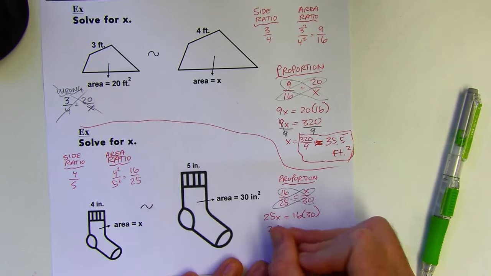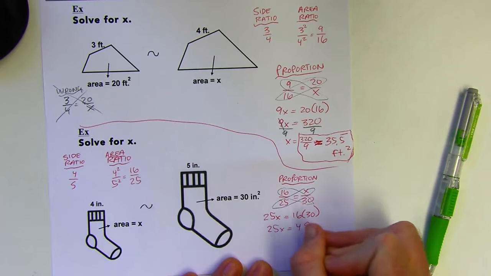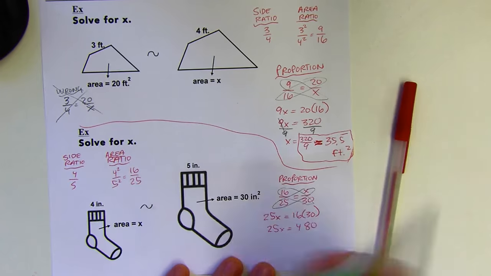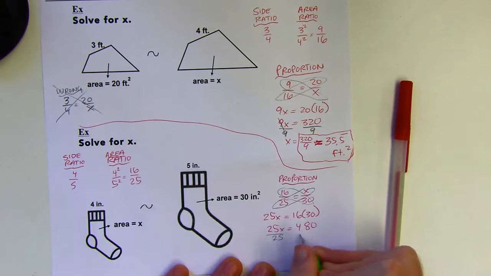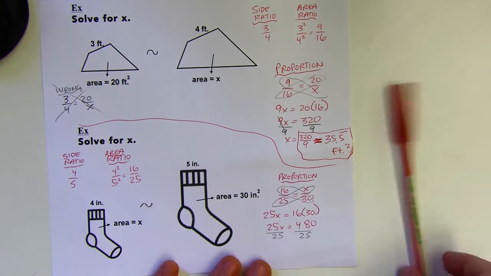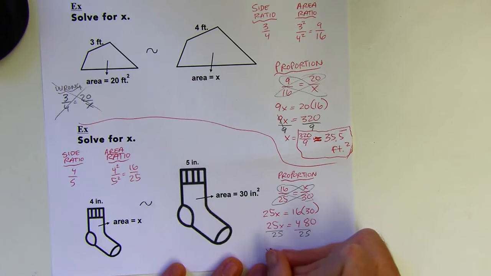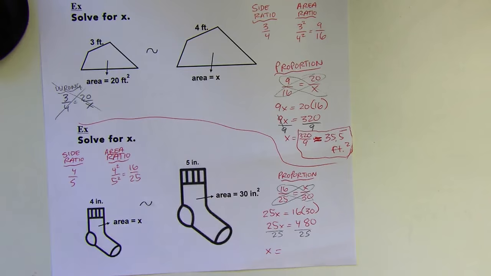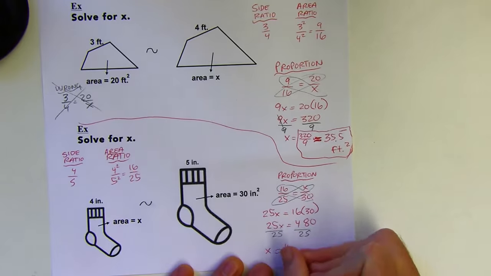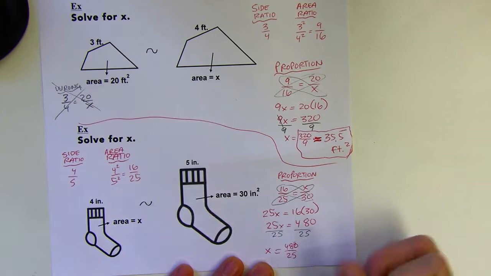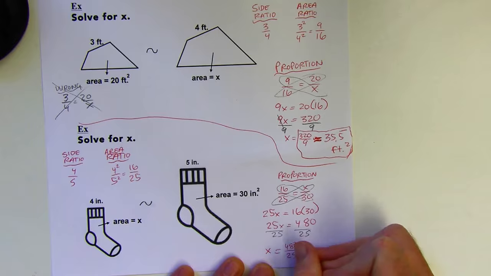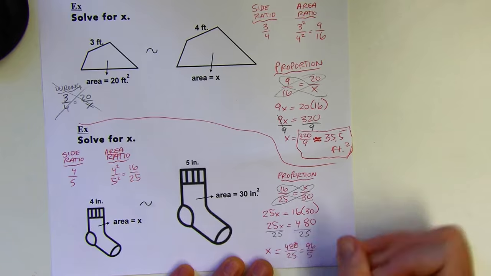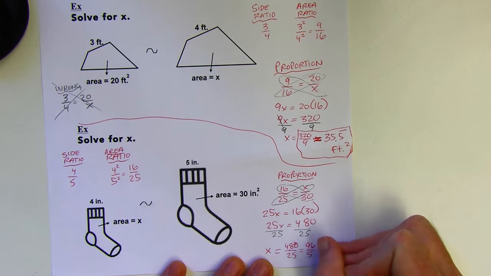So 25x is going to equal 480. And then if I divide by 25, 480 over 25, if you reduce that, that's going to give you 96/5, or it comes out to 19.2.